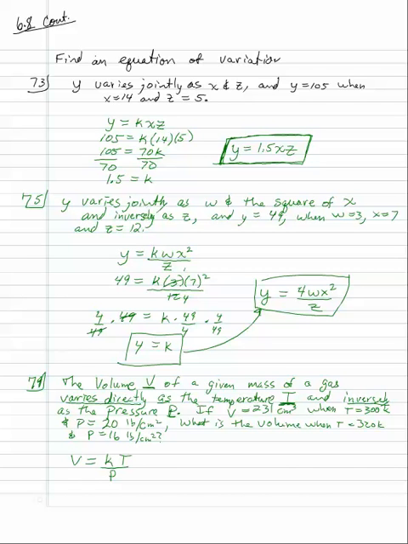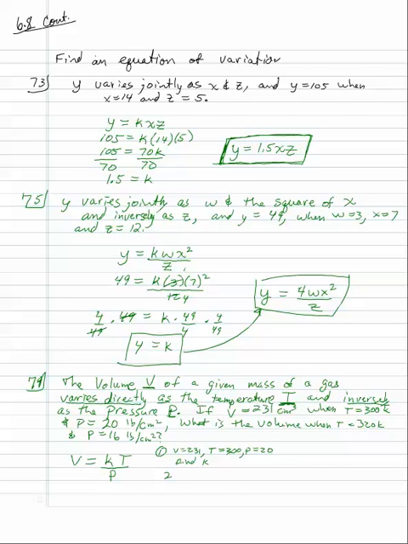So remember, there's two parts. First, figure out what K is. So we're going to plug in 231, T equals 300, P equals 20. We're going to plug those numbers in to find K.